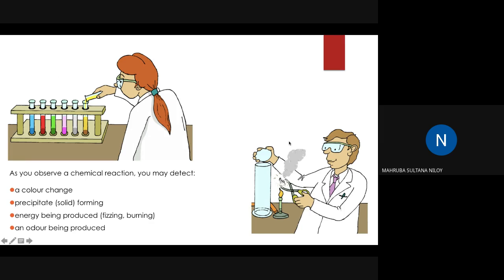So how can we know that a chemical reaction happened or not? When a chemical reaction occurs in a test tube or a beaker, there may be a change of color, a precipitation may form, and the beaker or test tube may become hot or cool.